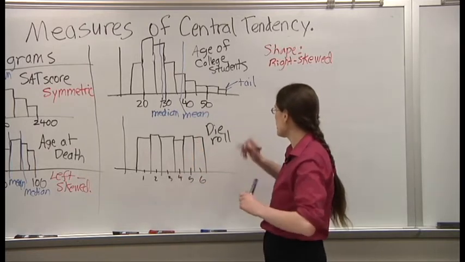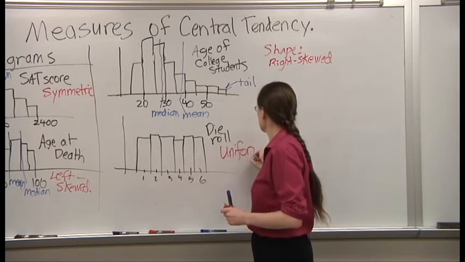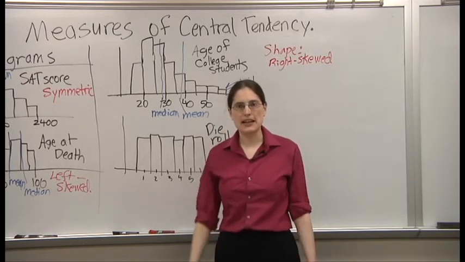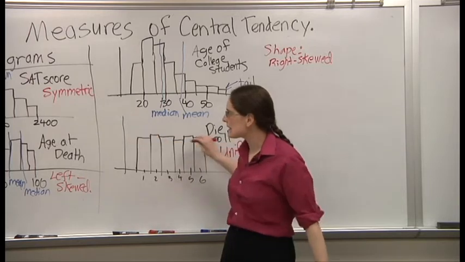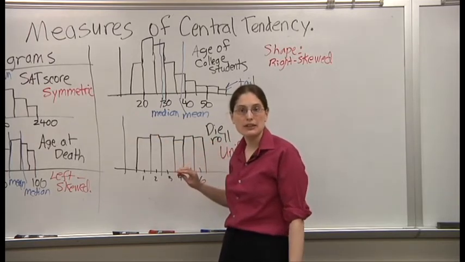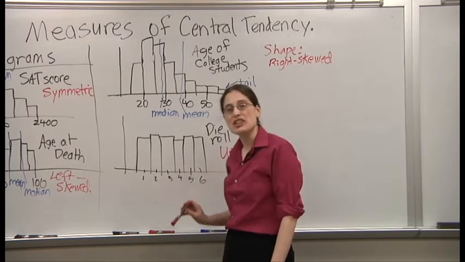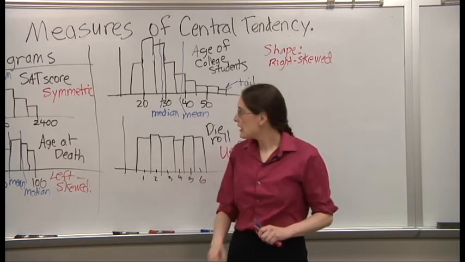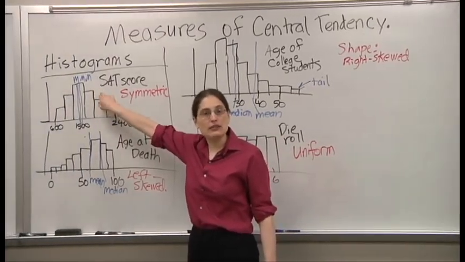This distribution is called uniform. Uniform means everybody is the same. A uniform distribution is the same height all across. In fact, the uniform distribution does not show up very often in nature. This shape here, this symmetric shape, is a lot more common.